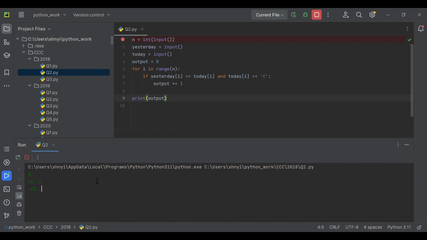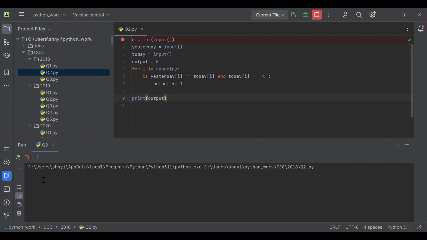I mean dot. So this would give us a 1 because this is the only part that is actually the same. So, yep, it was a 1.